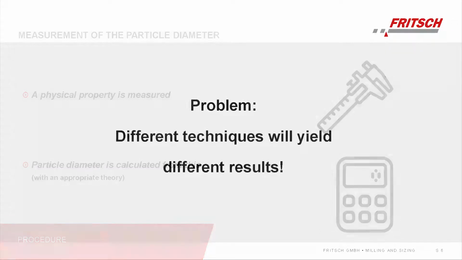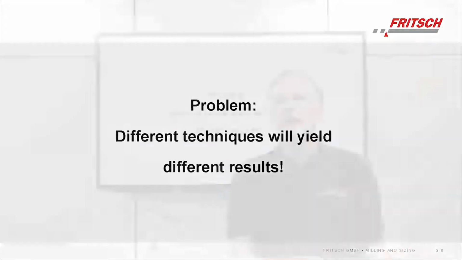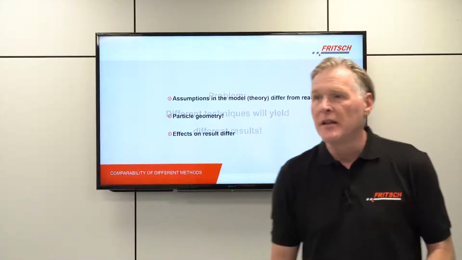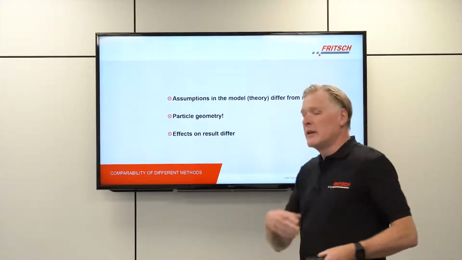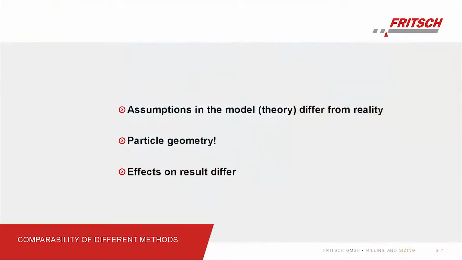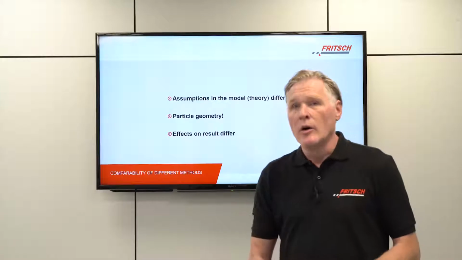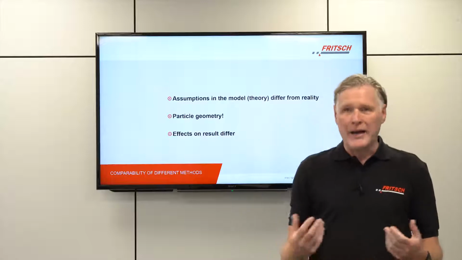The general problem is that when you use different techniques, you will get different results. The simple reason is that all those theories use models and assumptions that typically do not fit reality, so you have some deviations between the model and the real situation of your measurement. One important factor, as you can imagine, is the particle shape.